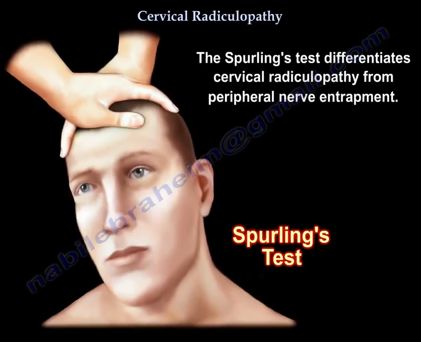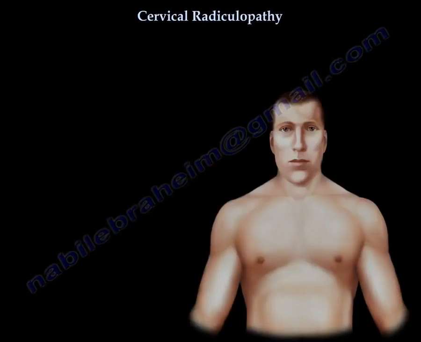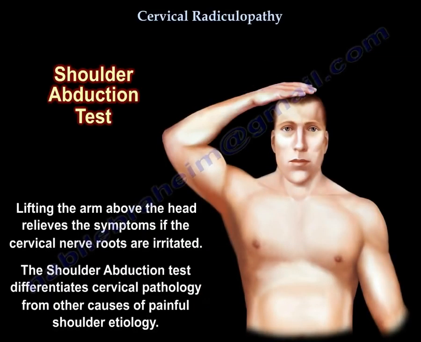The Sperling test differentiates cervical radiculopathy from peripheral nerve entrapment. Shoulder abduction test, lifting the arm above the head, relieves the symptoms. It differentiates cervical pathology from other causes of painful shoulder etiology.